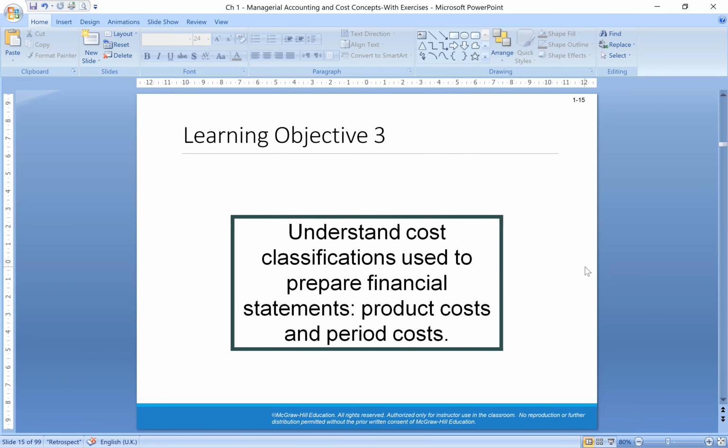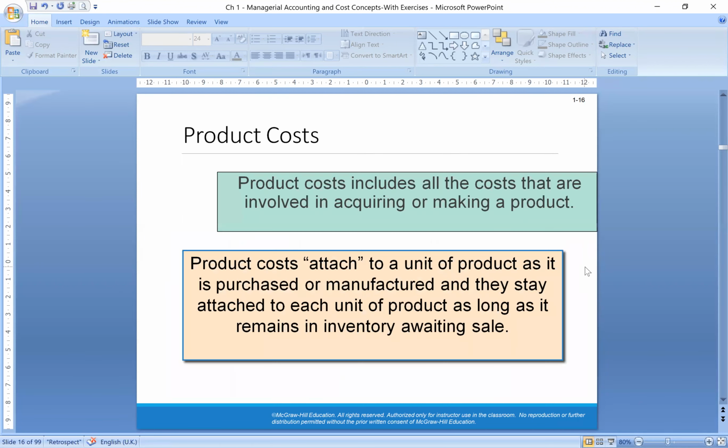Learning objective number 3. Understand the cost classification used to prepare financial statements. We will classify our costs as product costs or period costs. The word product includes all the costs that are involved in acquiring or making a product, which means, again, integral part of a product.